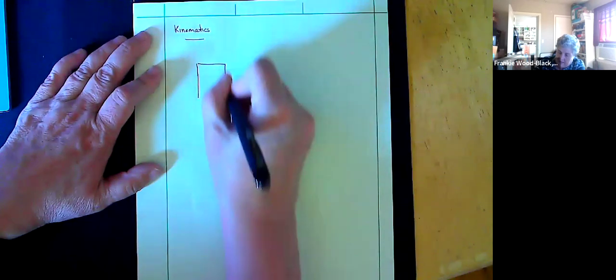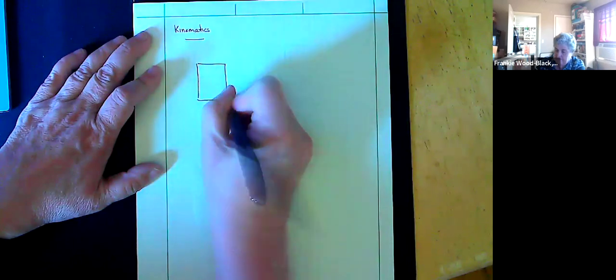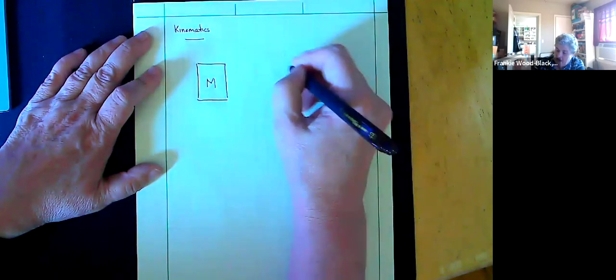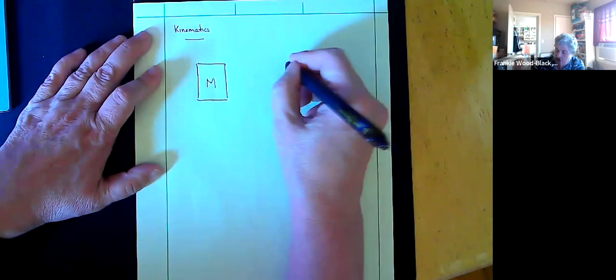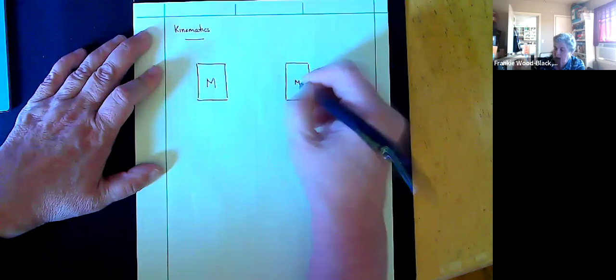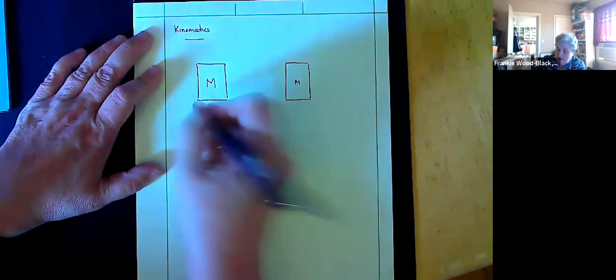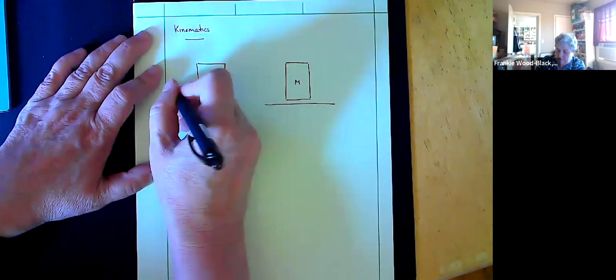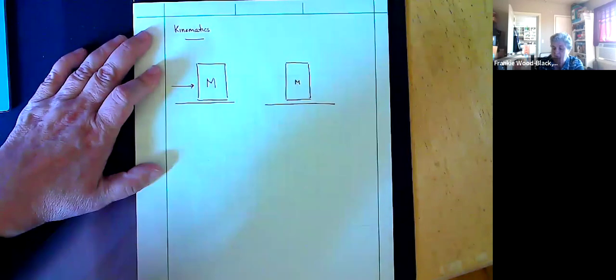But we know a couple of things. One, if I have a box here, and this box has mass, and I have another box, and we're going to use the representation of our masses to mean actually different. If I want to get this box moving, I have to do something.